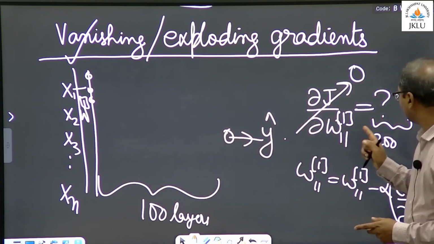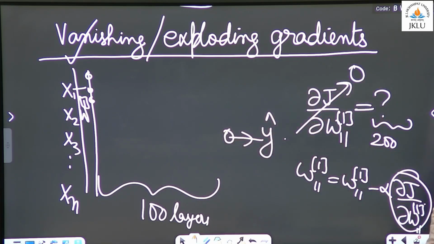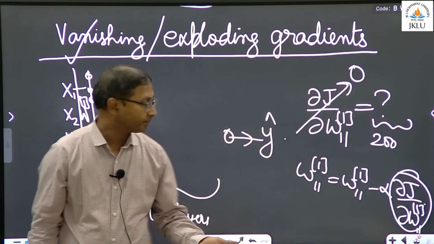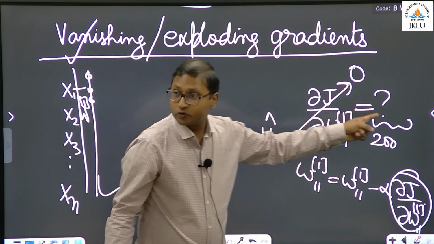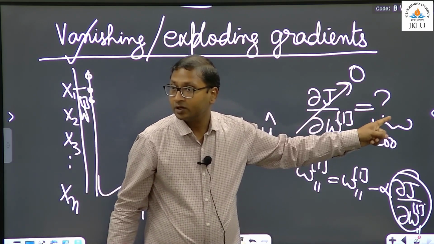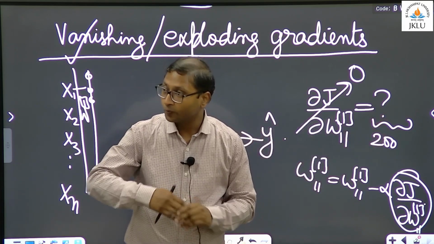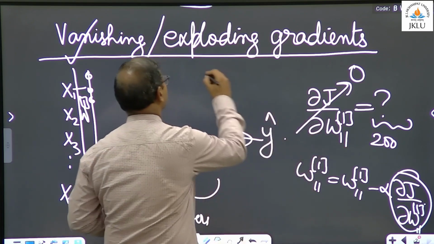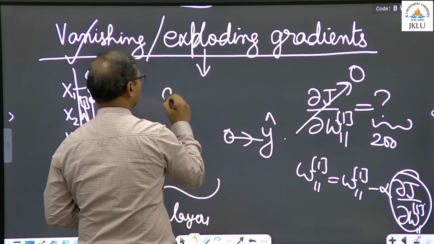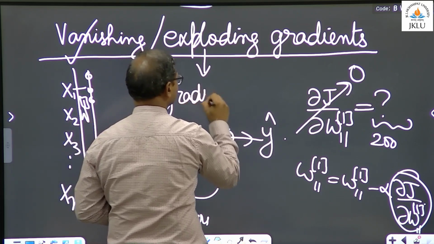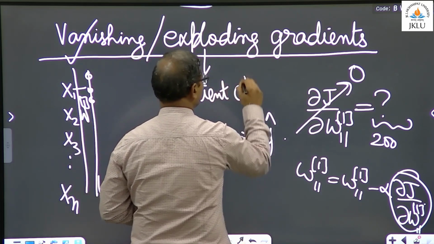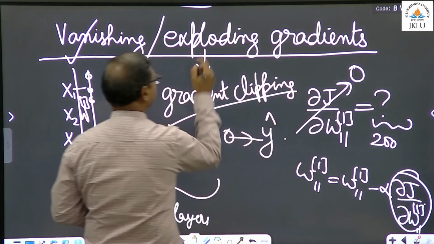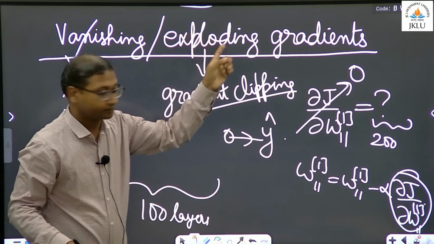At the same time, if all these 200 terms are greater than 1, what will happen? Those values will be very high, so your update will be super big in this particular direction. You don't want that either. There is an easy way to solve this problem called gradient clipping, and I won't talk about this problem later because it is not a problem.